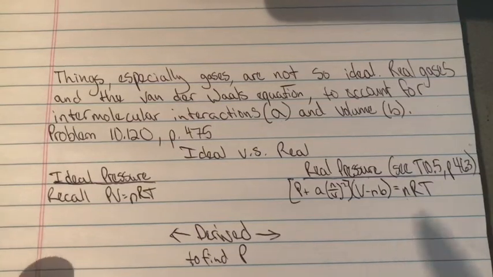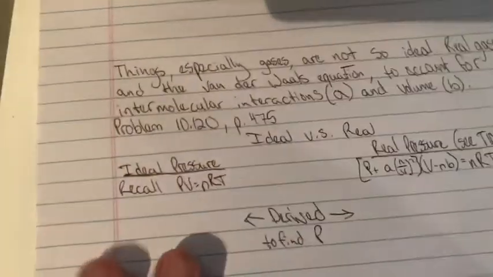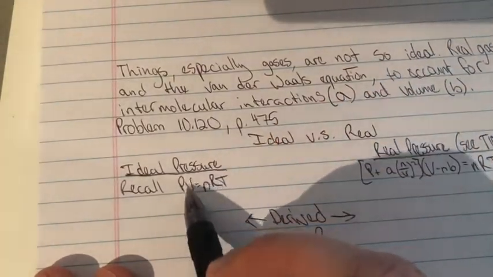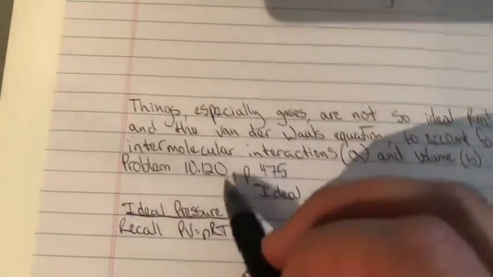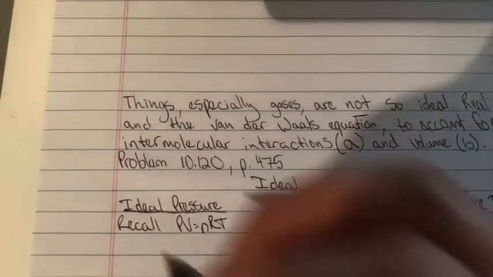Okay, so with that said, remember that for ideal, PV equals nRT. This is problem 10.120 on page 475.